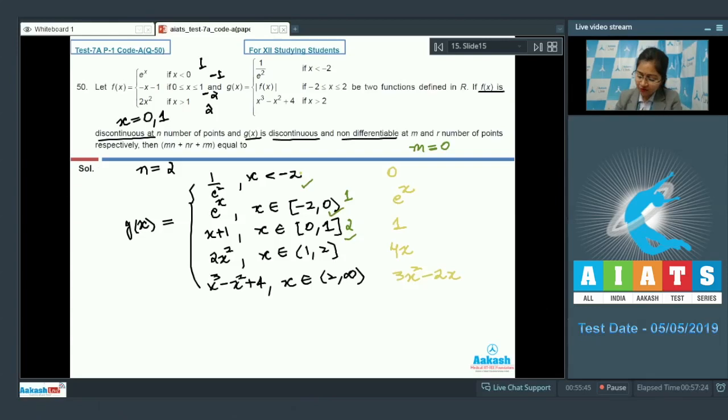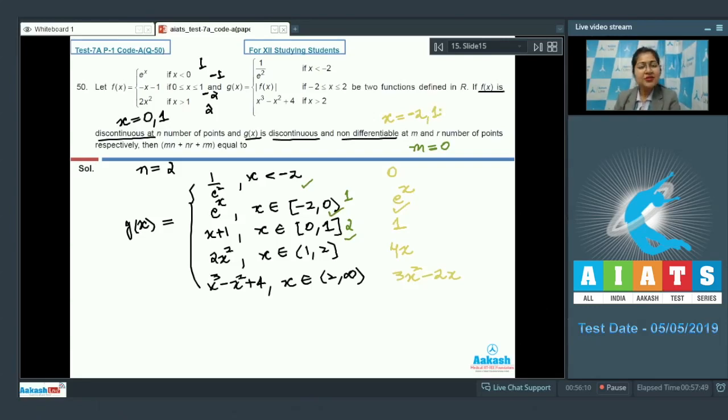That is, it is non-differentiable at x equal to minus 2. Now at x equal to 0 minus, the value is 1. At 0 plus also the value is 1, so it is differentiable. At 1 minus the value is 1. At 1 plus the value is 4. So it is non-differentiable at x equal to 1.